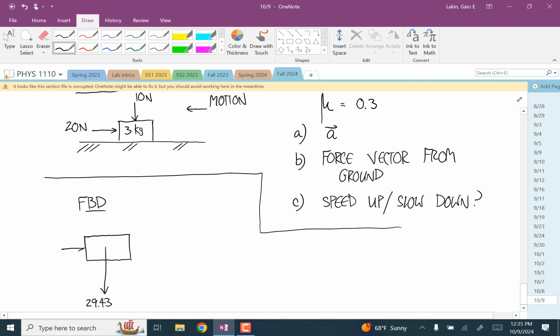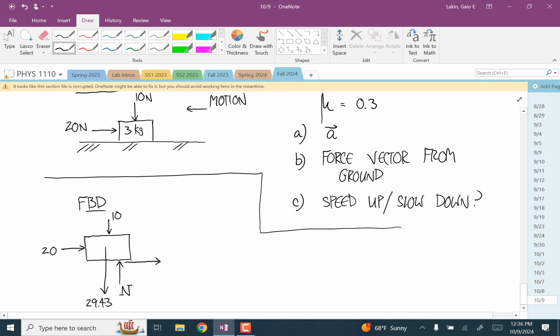There are these two forces, a 20 here, a 10 here. And then there's the contact with the ground that's made up of two parts. There is a pushing contact from the floor, call that N. And then there's a friction force that's opposite the direction of motion.